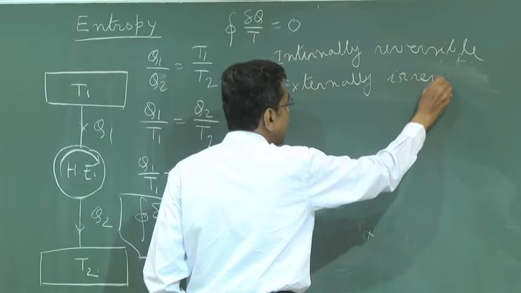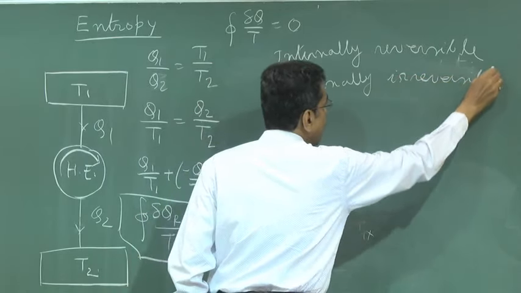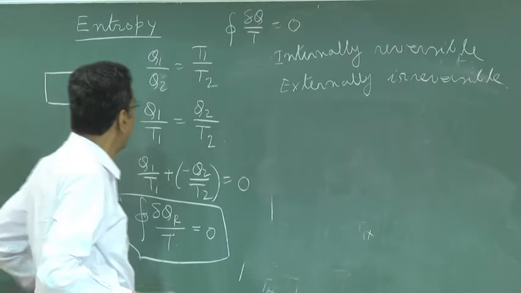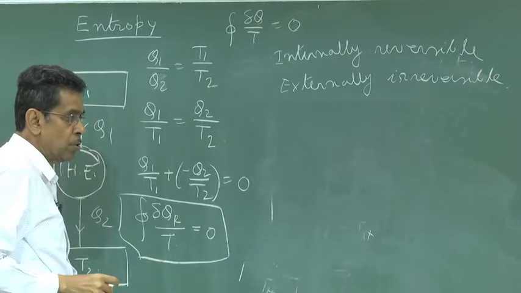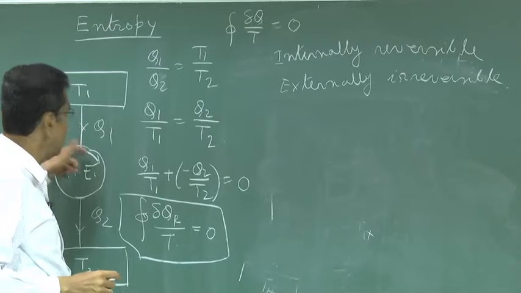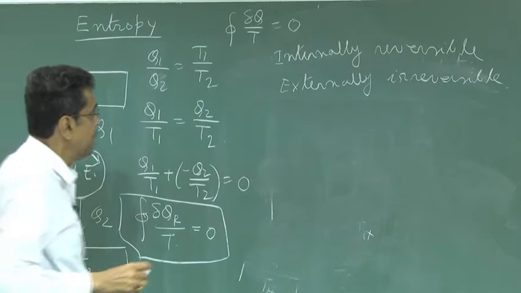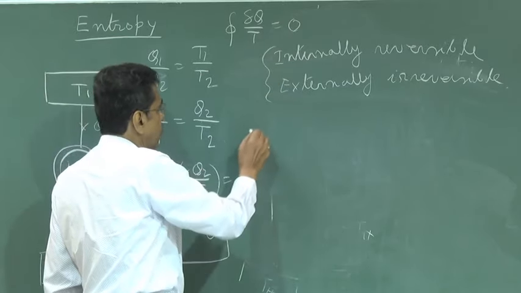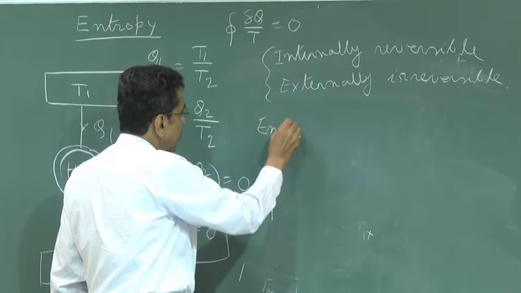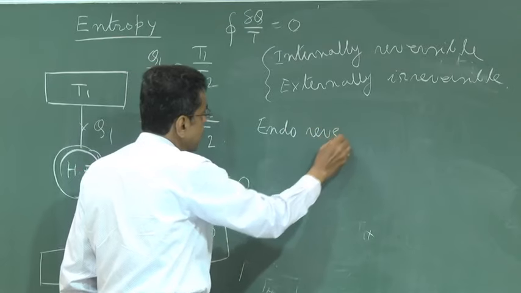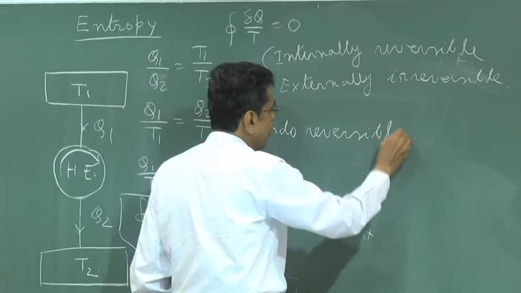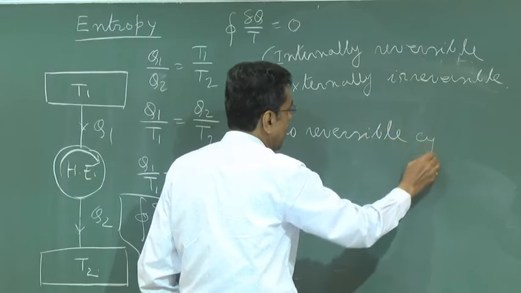That means it takes heat from a source or sink which has a different temperature than the temperature of the working system which receives or rejects heat. That cycle is known as endo reversible, that means internally reversible. This is a very useful concept, the endo reversible cycle.